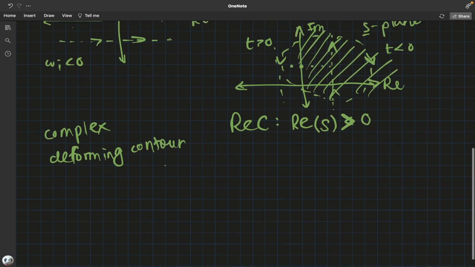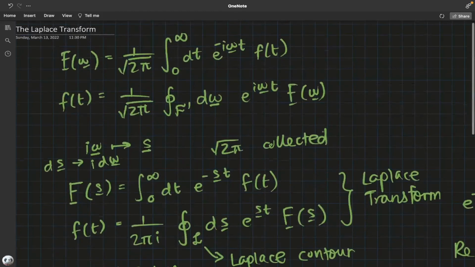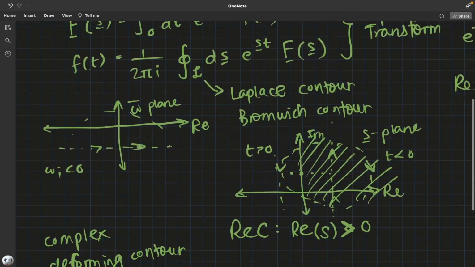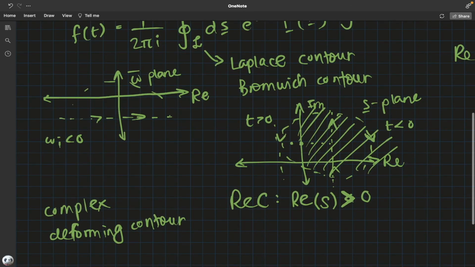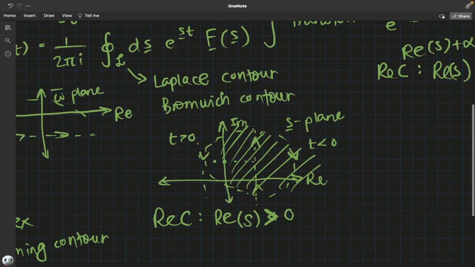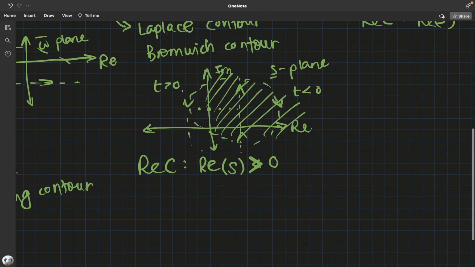I'll talk more about shifting this, and when the Laplace transform says that a Fourier transform is possible, that means when can we shift this? Because if we can shift this contour line to the imaginary axis, where the real part is 0, that's where the Fourier transform exists, and that can be done. That's why the Laplace transform is a little more general.